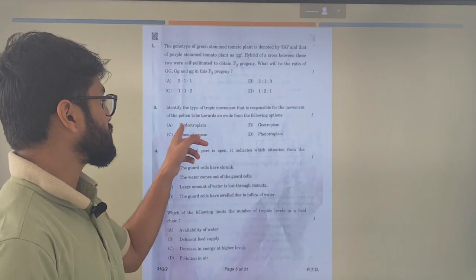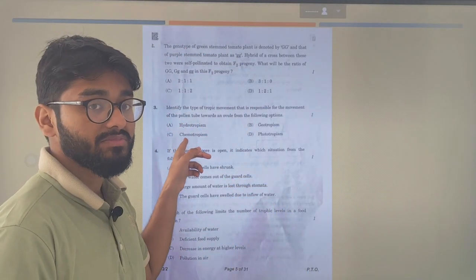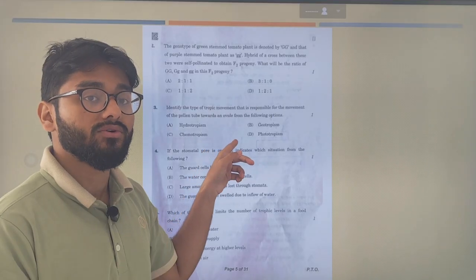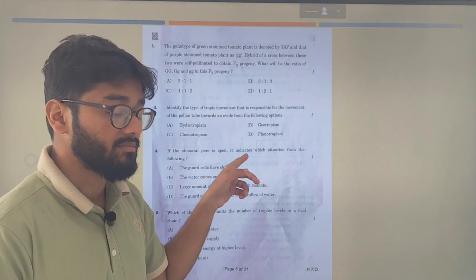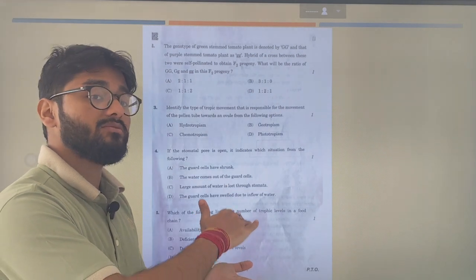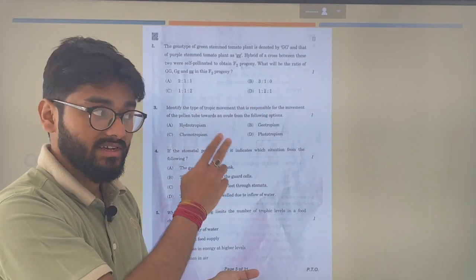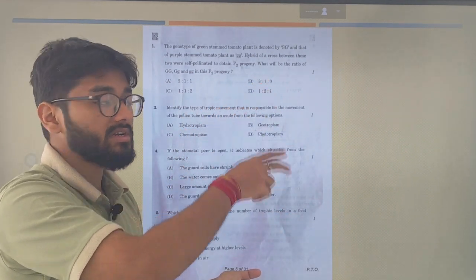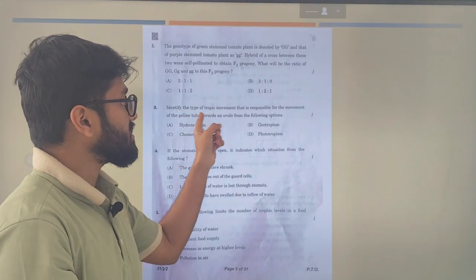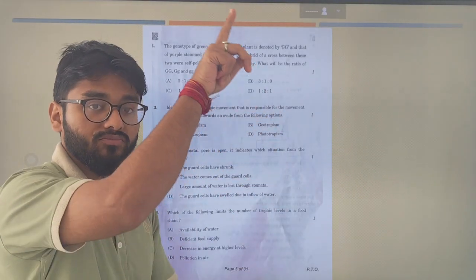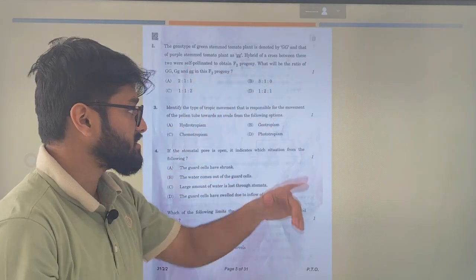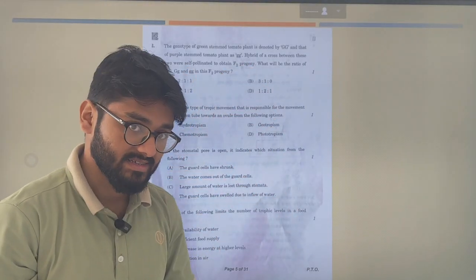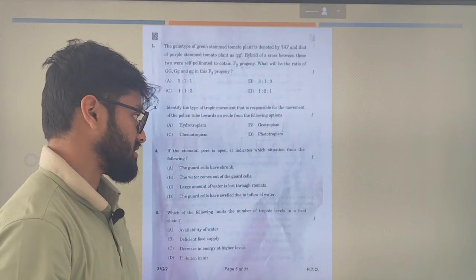Hydrotropism simply means movement in the direction of your water column. The movement of water column is just opposite to gravity, that means it has to go up. Does any pollen tube grow upwards? No, it does not. It grows downwards, along the geological axis. Geotropism is the correct answer.